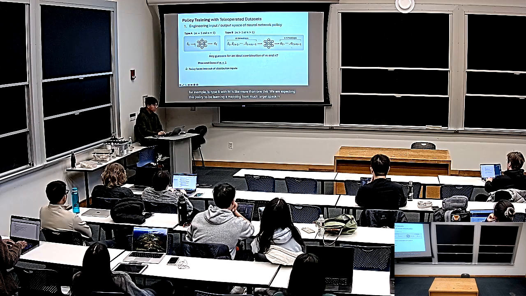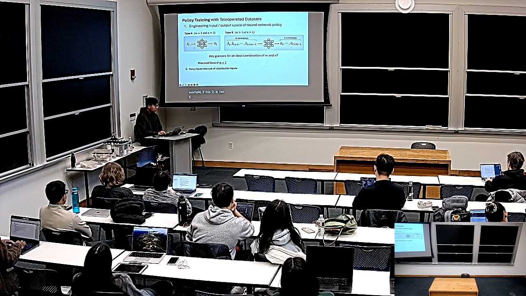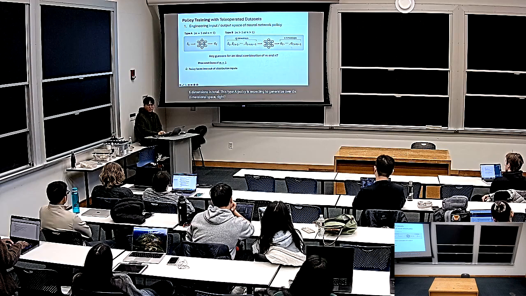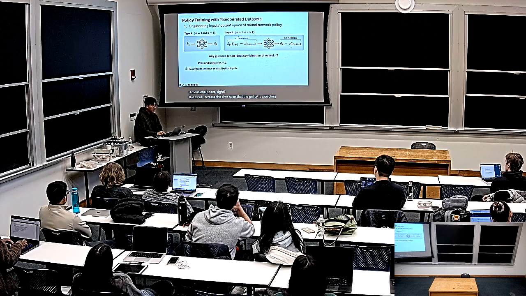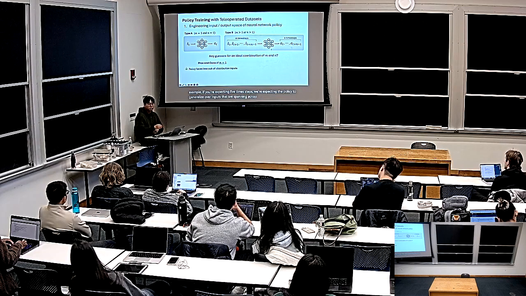For example, if this ST is 6 dimensions in total, this type A policy is expecting to generalize over a 6-dimensional space, right? But as we increase the time steps, for example, if you're expecting 5 time steps, we're expecting the policy to generalize over inputs spanning 30 dimensions in total, right?